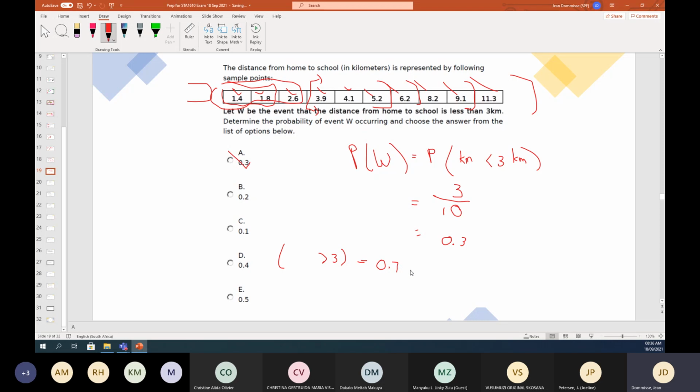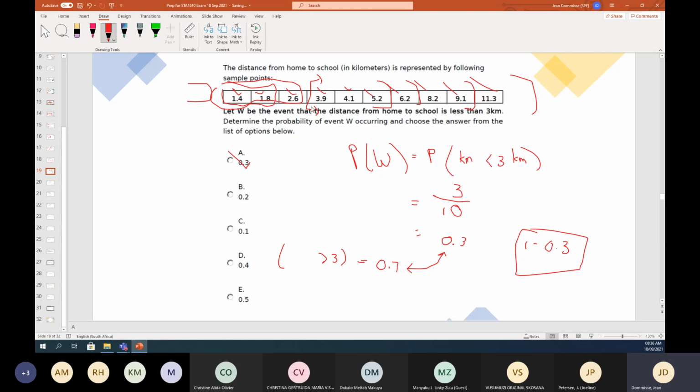Okay, and then you can look at those two to say, well, I also could have said it is 1 minus 0.3. So I actually have worked out the complement of that. That's another way they can ask you: if we're looking at the value of less than 3 kilometers, what is the complement?